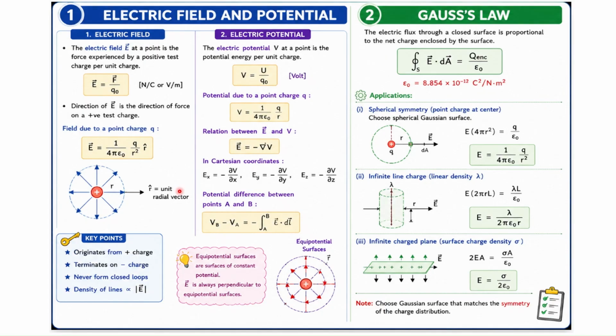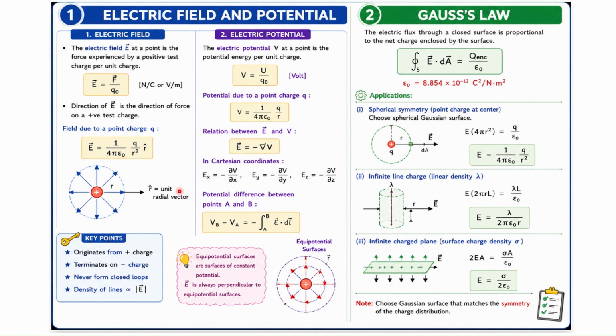Number one, the field lines originate from positive charge and terminate on negative charge. You have to take note of that.